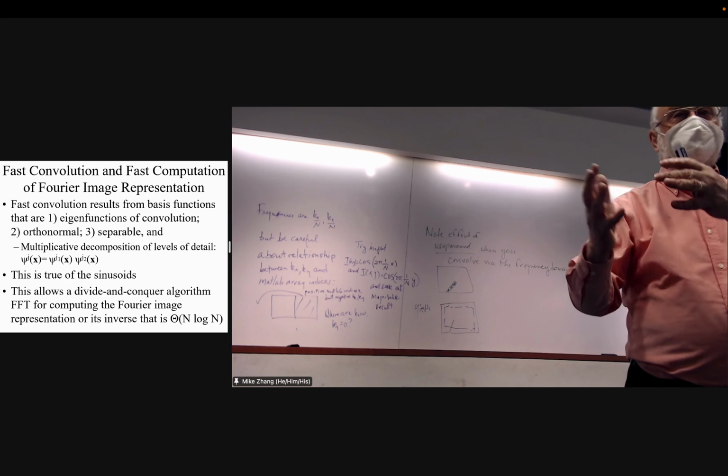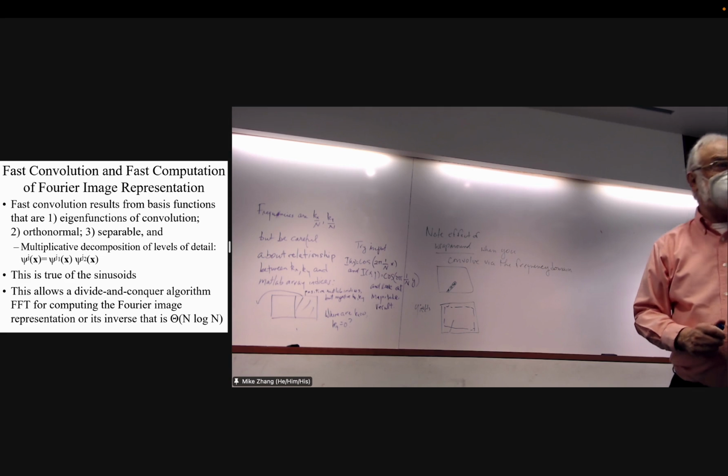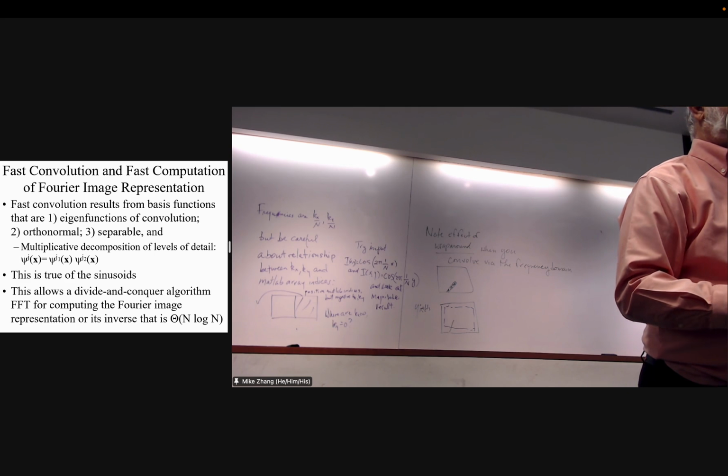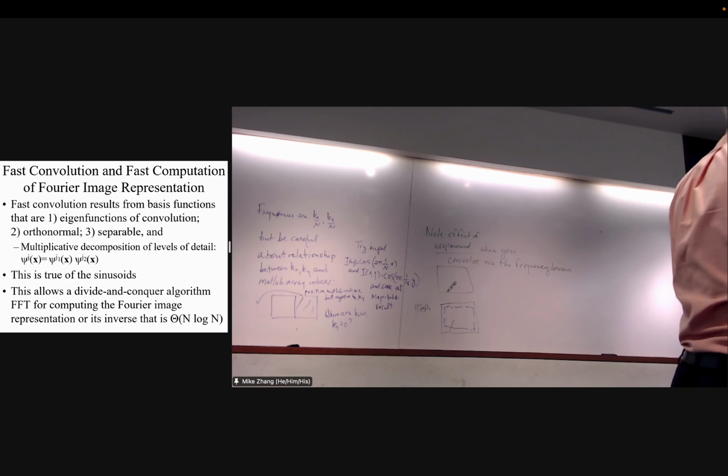But there exist other basis images for which it also applies. The three that are needed are, first of all, for convolution, they need to be eigenfunctions of convolution. Well, they are, okay? The sinusoids are the eigenimages of convolution.